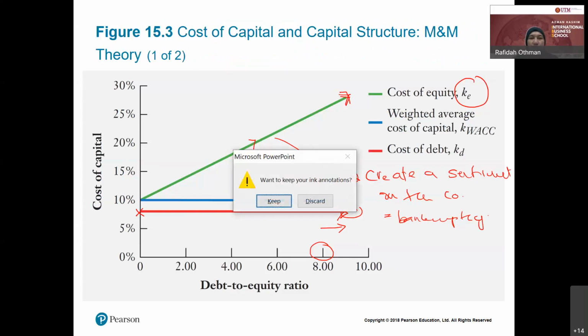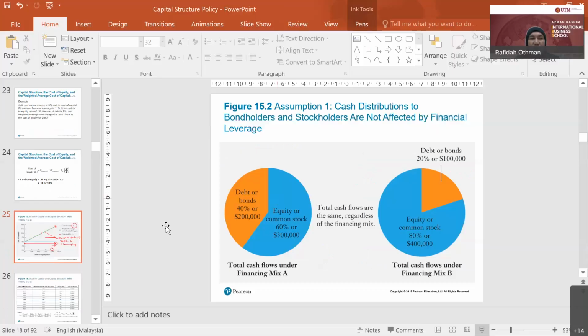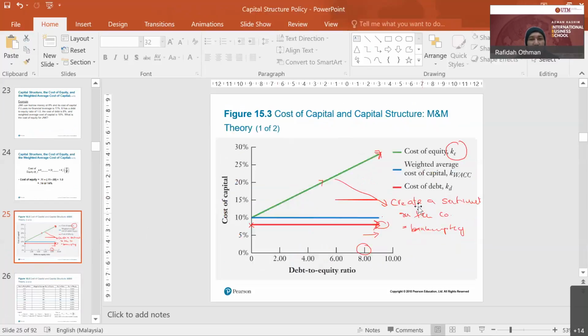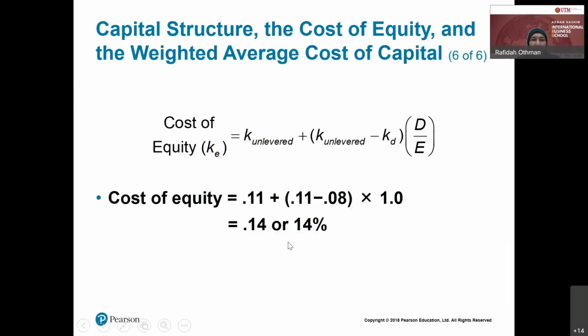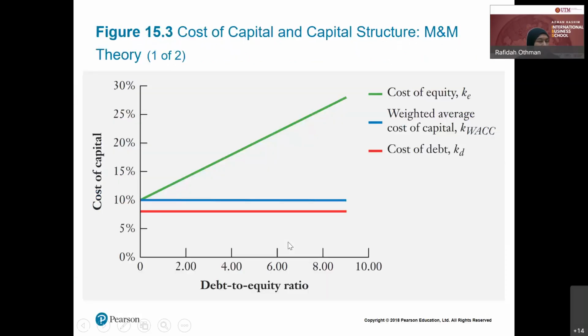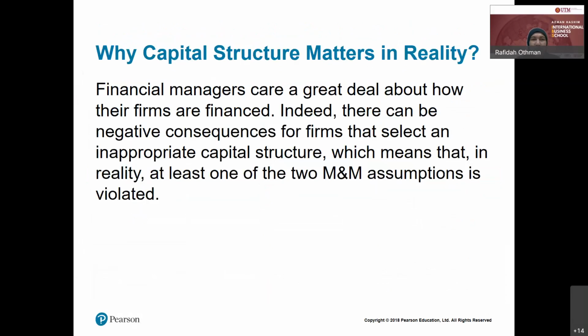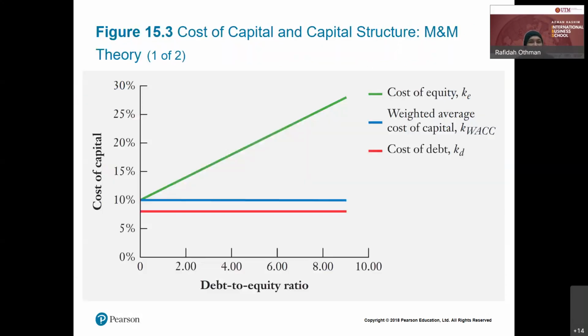This is the component where we are looking at the cost of debt. The cost of equity is affected by the increase in the debt to equity ratio. Although the assumption says that whatever the capital structure is doesn't matter, what is important is the generation of the cash flow, meaning that being able to generate positive cash flow is good enough for the company.